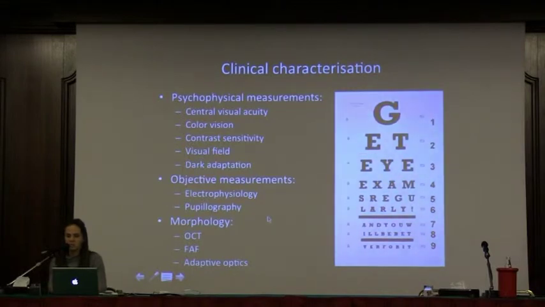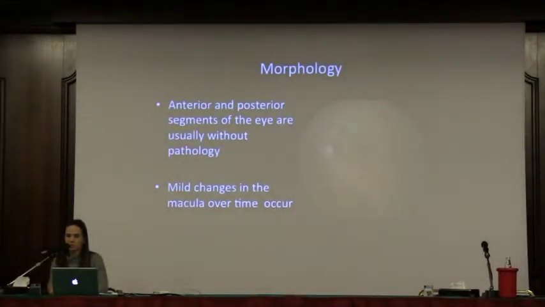examination. Besides the function, we are also very interested in how the retina looks and what we can see, because it is also very helpful when making a diagnosis. If we take a look at the eye of an achromatopsia patient, even a young patient, we usually see that the anterior segment of the eye, so the cornea, the lens, and everything, looks fine.